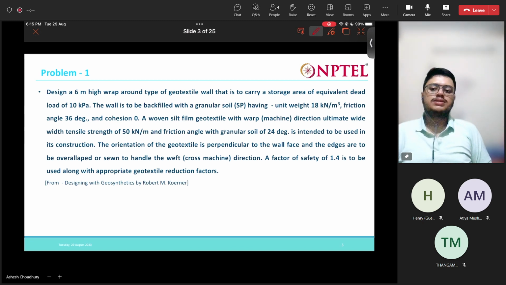So in the warp direction, the strength of the geotextile is 15 kN/m. And this is the interaction property: the friction angle between the geotextile and the soil, this poorly graded sand, is 24 degrees. It is roughly two-thirds of phi, which is 36 degrees; two-thirds of 36 is approximately 24 degrees.